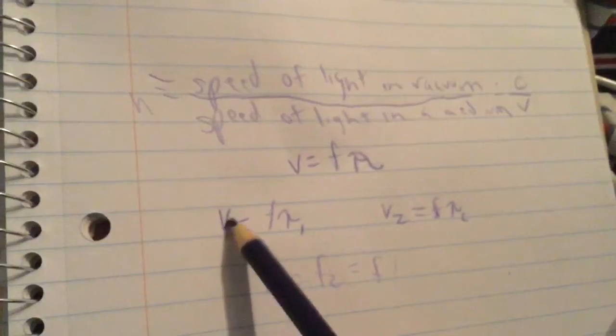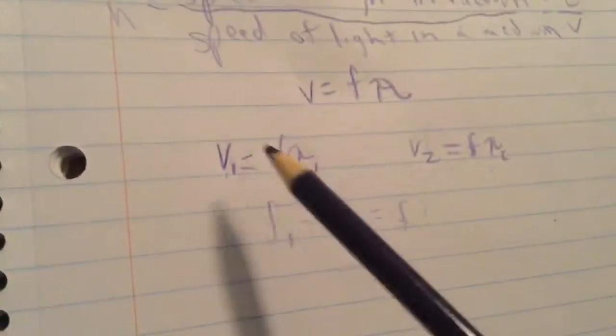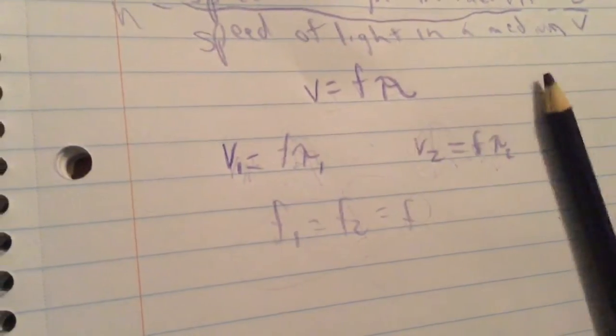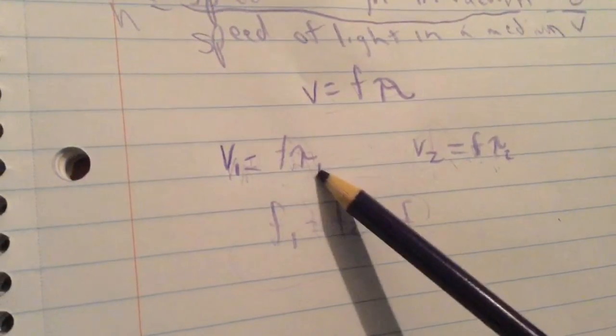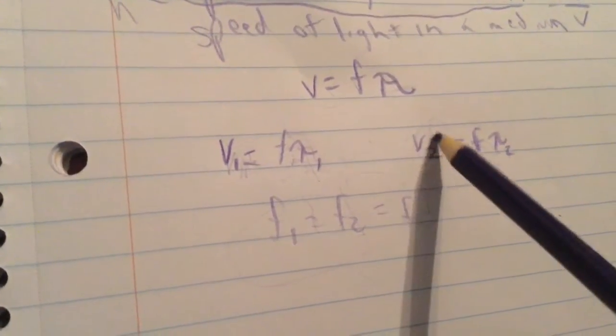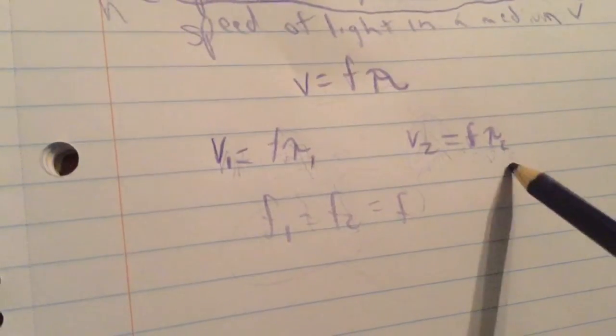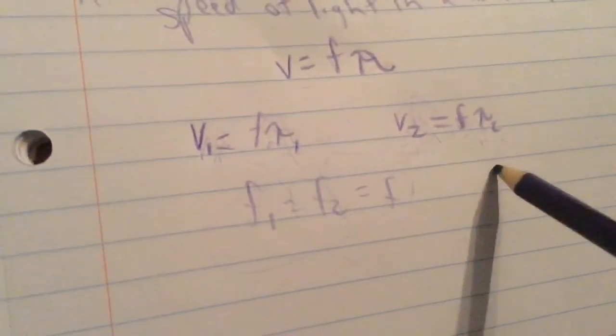This means the velocity in the first ray of light is equal to the frequency times that first wavelength. Then, as it gets refracted, the second velocity is equal to that same frequency times a different wavelength. In this case, it would be smaller as it's being refracted.